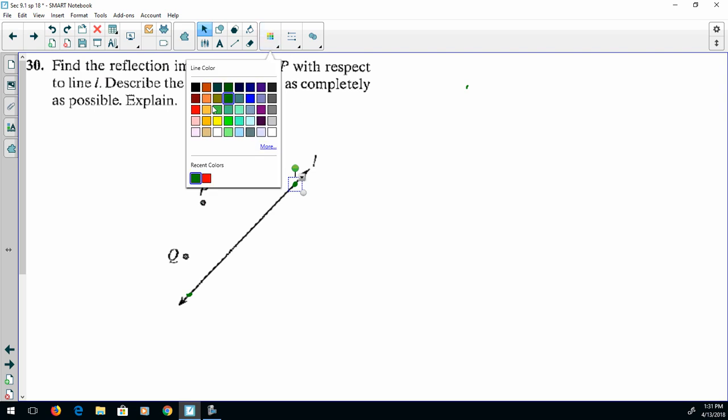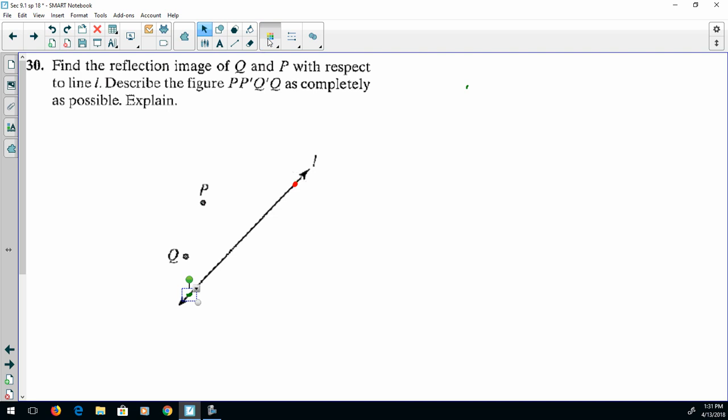Now, take the circle centered at one of these points on L, going through, let's do Q first. So let's draw some circles. It's going to be centered here, that goes through Q. Okay.